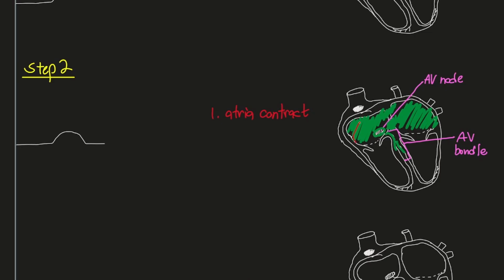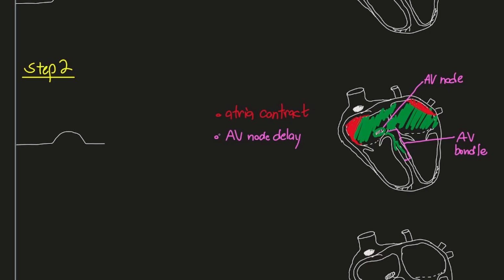Our two atria will squeeze in about this much and this much, just enough to pump blood where it needs to go. The right atrium is pumping it into our right ventricle. Looking at our left atrium, it will be squeezing in to pump blood into our left ventricle. This is the first important thing that happens during step 2.